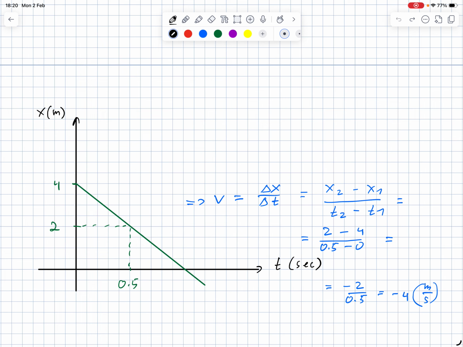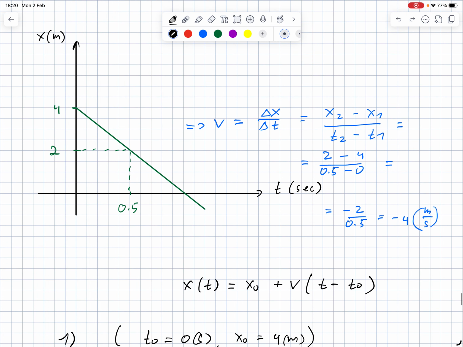And the initial position would be at a time of 0 seconds, when the position of the object is 4 meters, as you can see here. Then we calculate, and we get that the slope, or the velocity, is minus 4 meters per second.